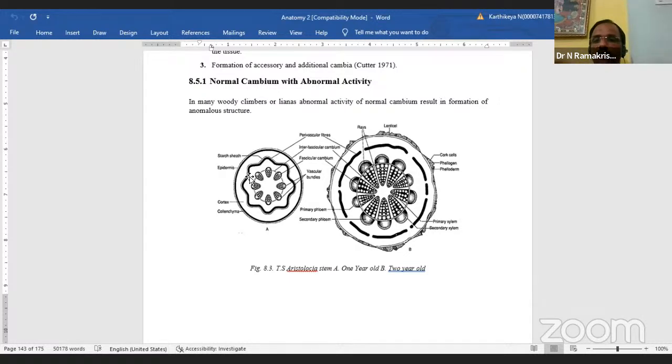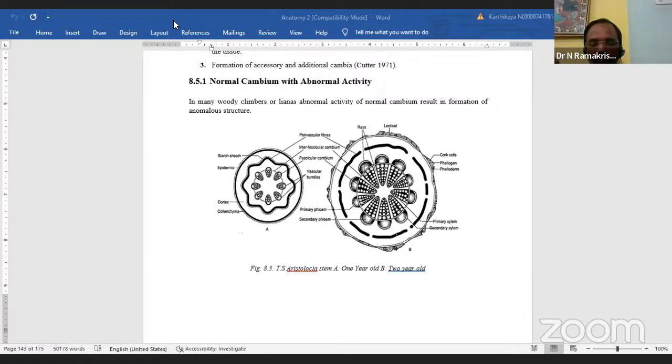But the activities are in abnormal positions. In many wood climbers, the cambium is in normal position but the activities are abnormal. The result we call anomalous.